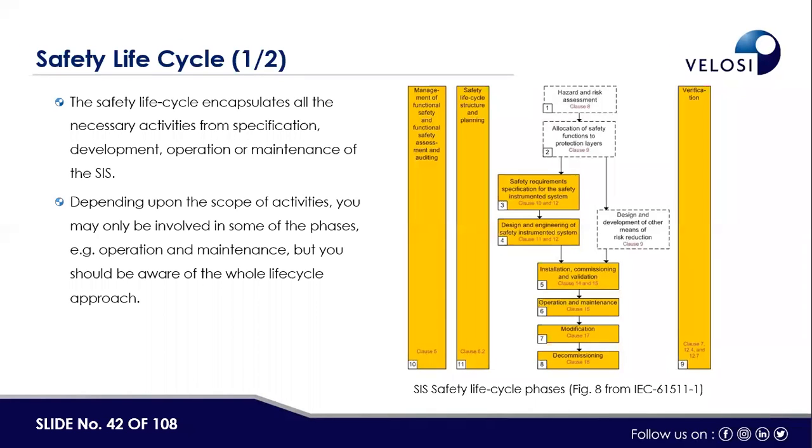Then the manufacturing process comes in, then FAT, Factory Acceptance Test of the SIF, and then the SIFs or ESD system or a complete PLC system or DCS systems are installed along with the independent ESD system, or fire and gas detection system, and then installation in the field, then field acceptance testing, and then putting the SIFs in operation. And then during operation, we need to carry out functional testing at intervals, and then we need to make analysis and make sure the SIFs are operating within the acceptable levels.